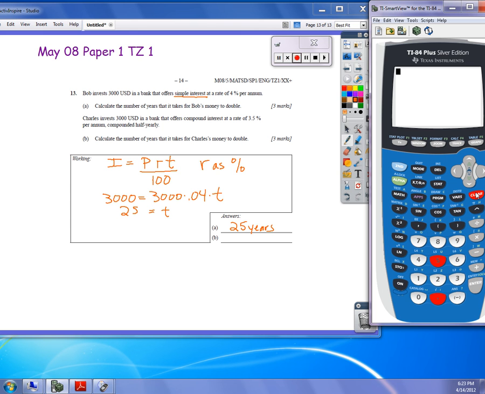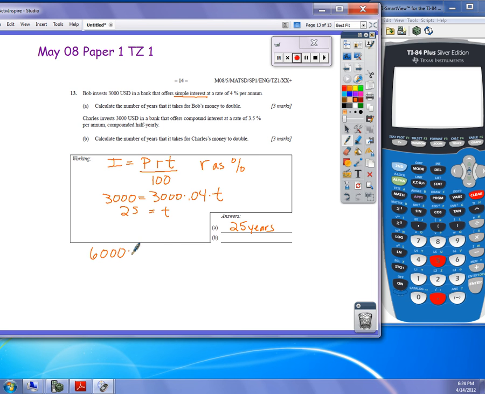So we want Charles' money to double. Remember that the formula sheet gives you a way to calculate the interest and then it subtracts the principal at the end. What we want to do is just calculate how long it takes for his money to double. So we're going to say, when's he going to have $6,000 if he invests $3,000, 1 plus the rate he's investing at, which is 3.5%, that's 0.035, divided by the number of times we compound per year.